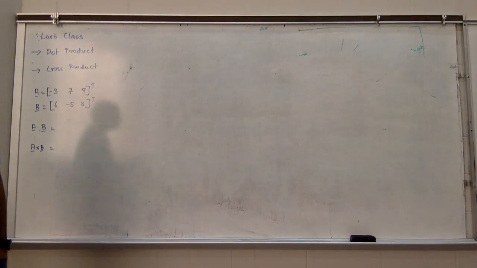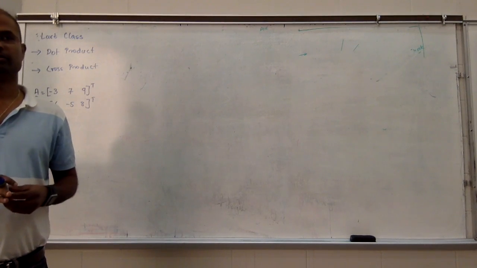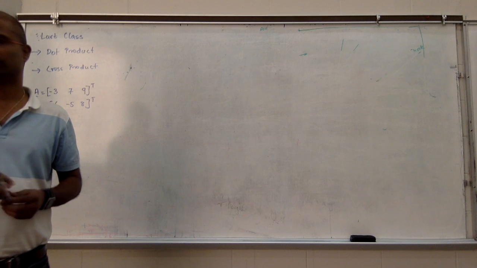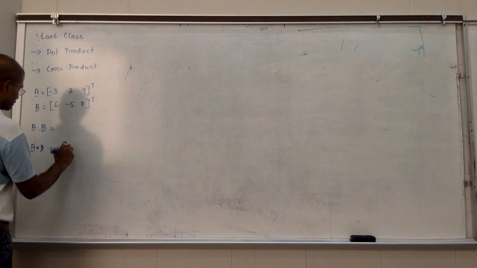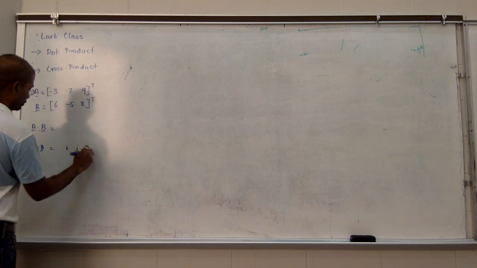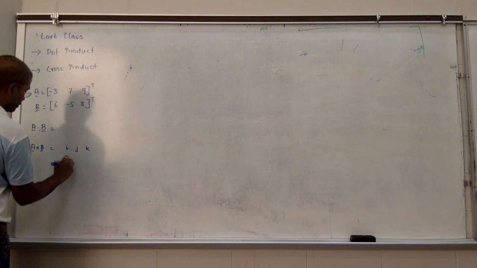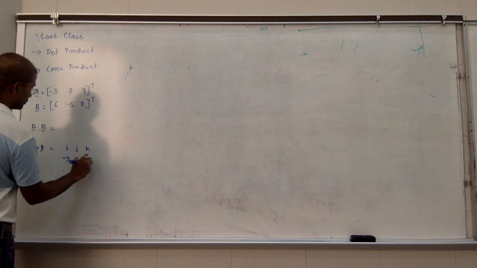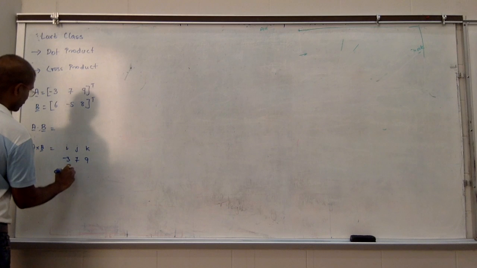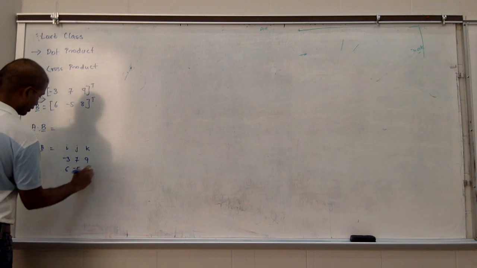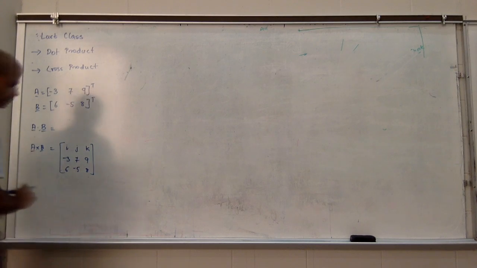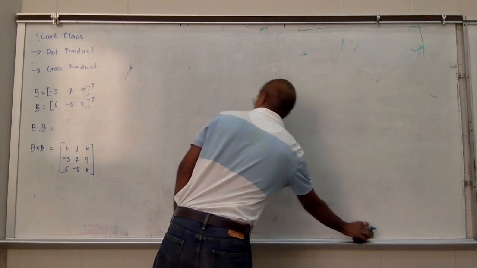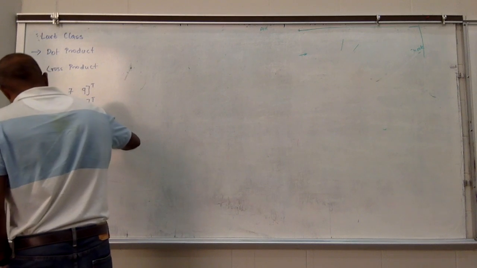You can do the IJK if you would like. Okay. You guys look at the notes. I, J, K, minus 3, 7, 9, 6, minus 5, 3. All you need to do is to take the determinant of this.